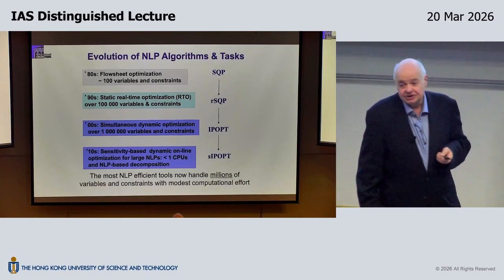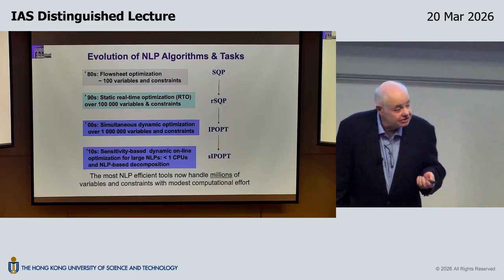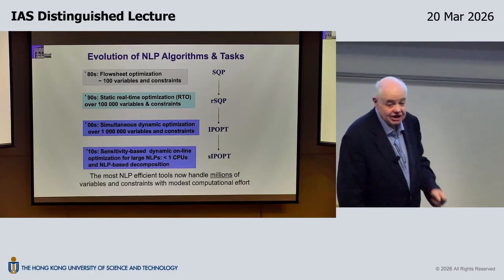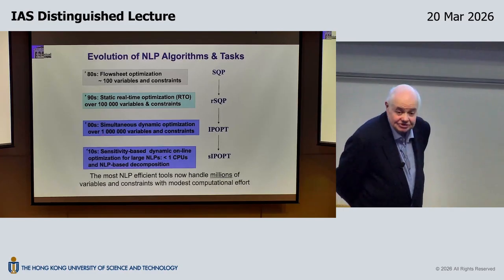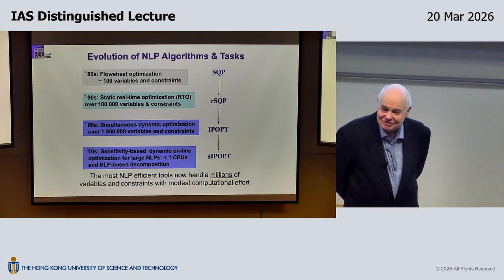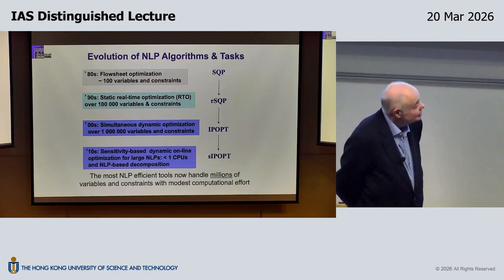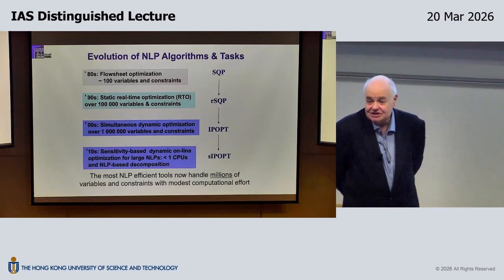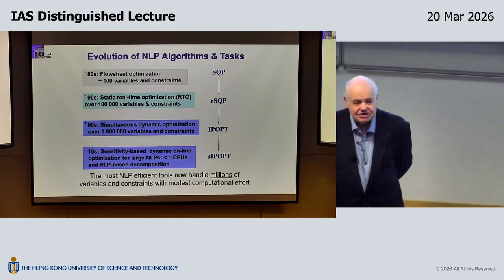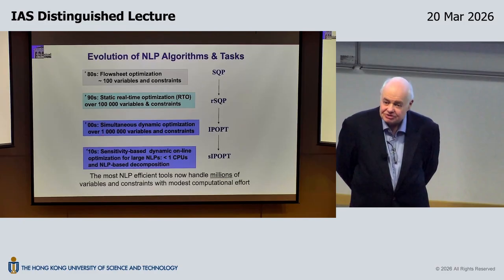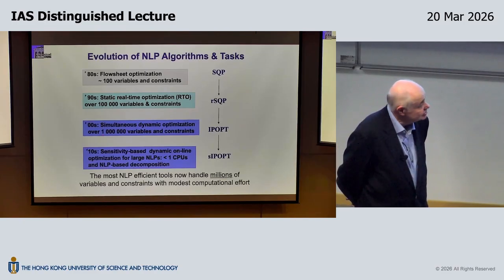Well, in this century, we came up with another algorithm called IPOPT, which, under the right kinds of problems, can solve over 1 million variables and constraints. So this is nice because we don't have to limit ourselves to small problems. We can actually solve fairly large problems.